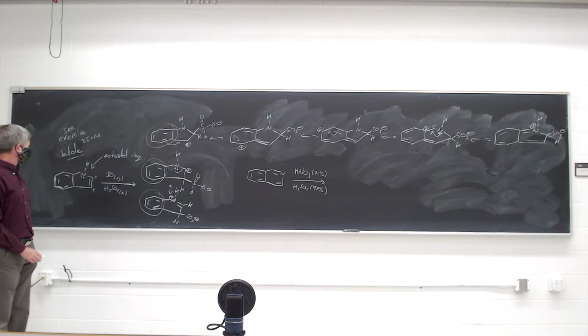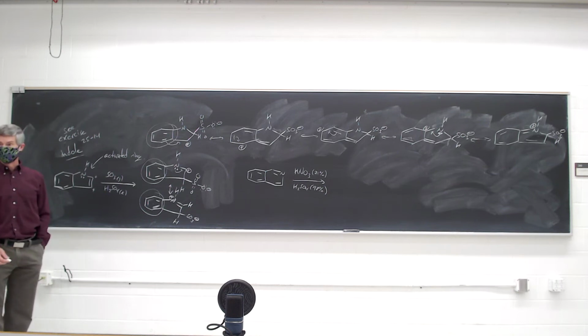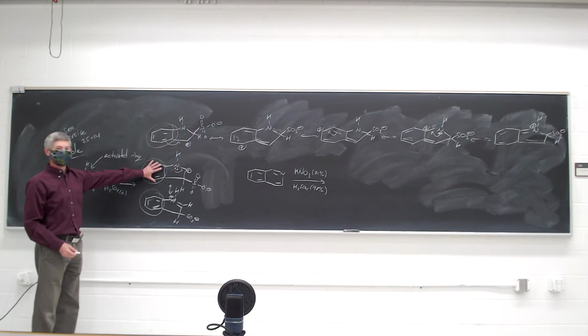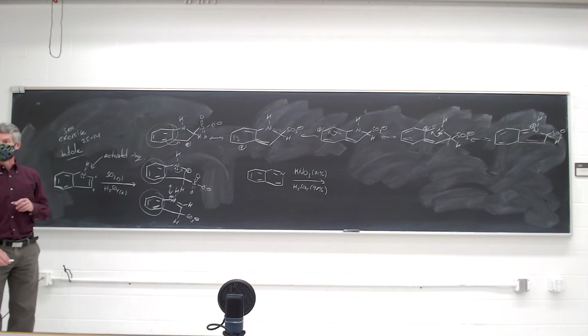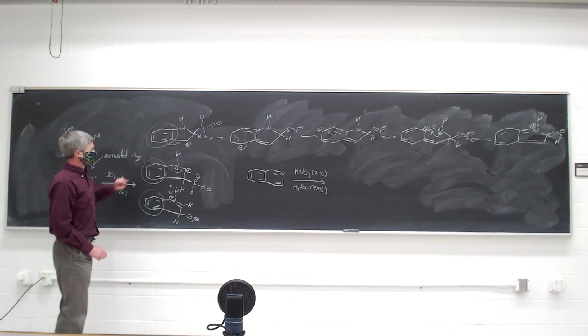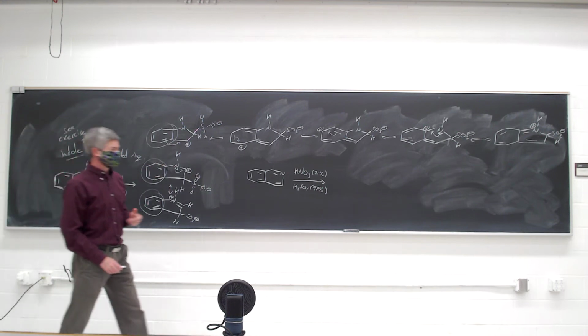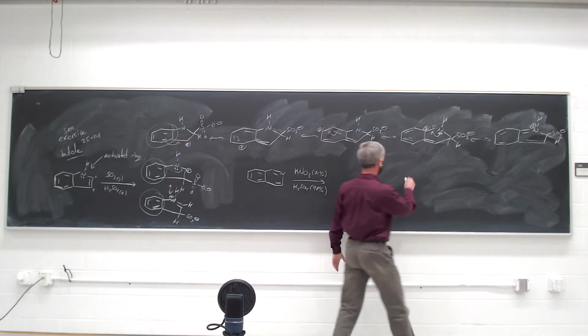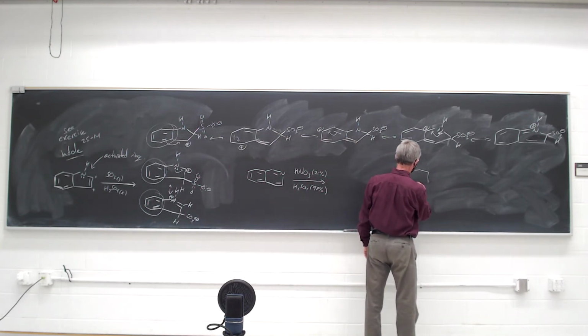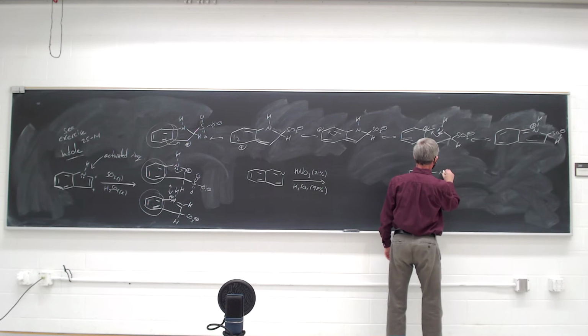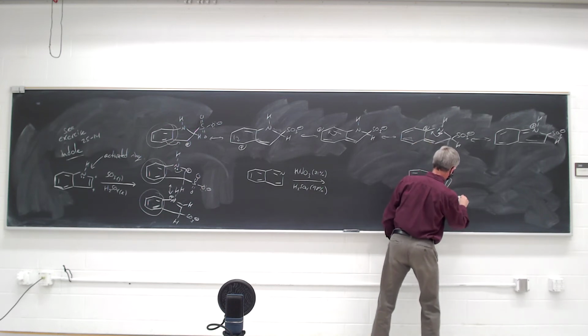So the 2 position is not favored in the indole ring because the extra benzene ring changes the stability of the whole system. You may, if you're a biochemistry type, notice that that indole ring is the side chain of the amino acid tryptophan.